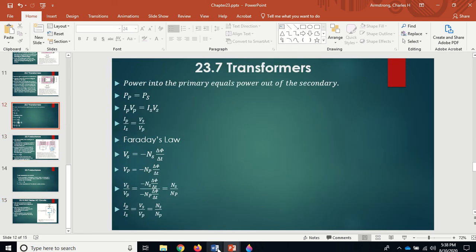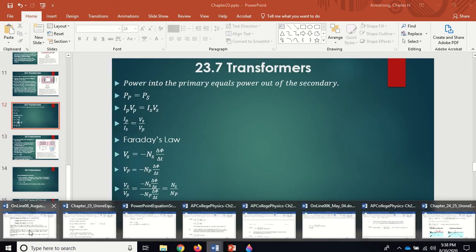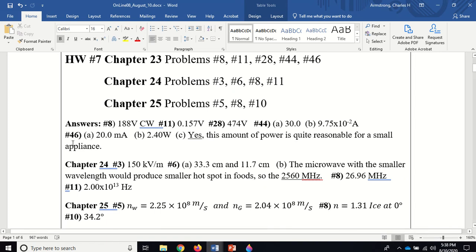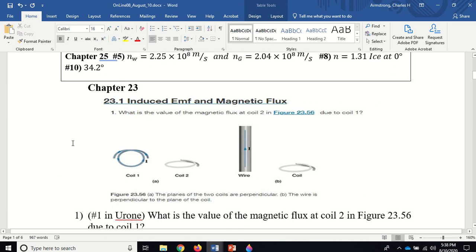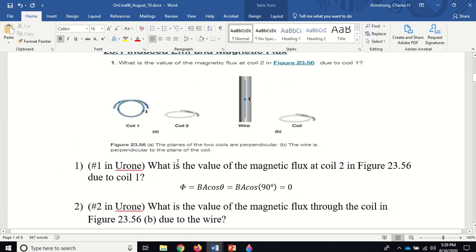Okay, so let's go over to this guy. Okay, so the first problem. So this is induced EMF magnetic flux. What is the value of the magnetic flux in coil 2, there's coil 2 in figure 23.56, due to coil 1. There's coil 1. They're perpendicular to each other.